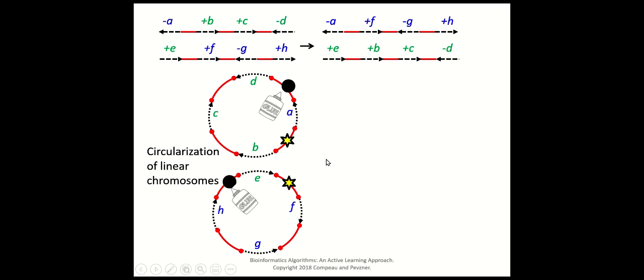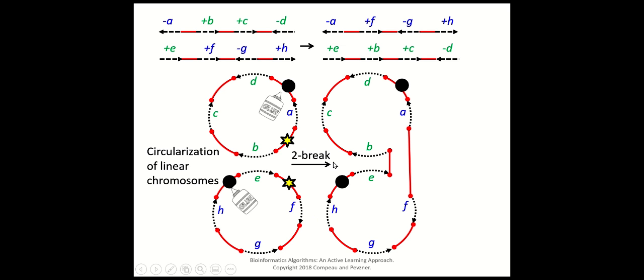Now I'm going to apply a two break to join these two chromosomes. Before I had two circular chromosomes, now I have one circular chromosome.